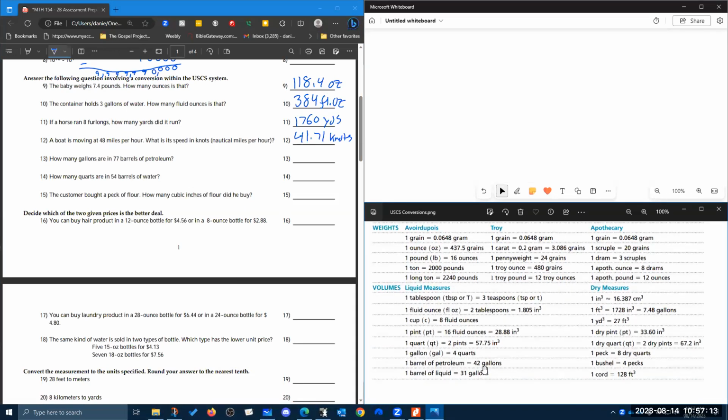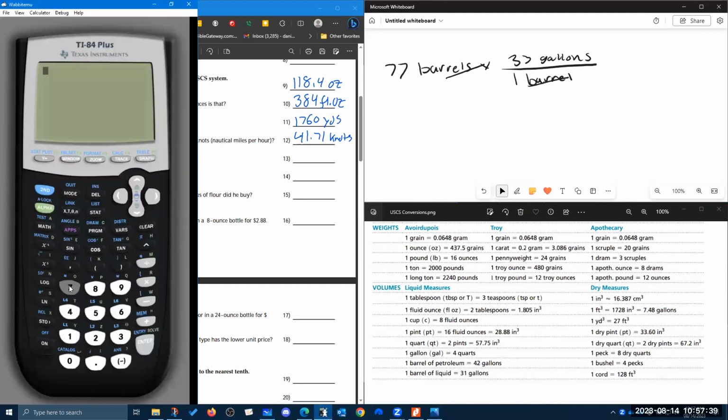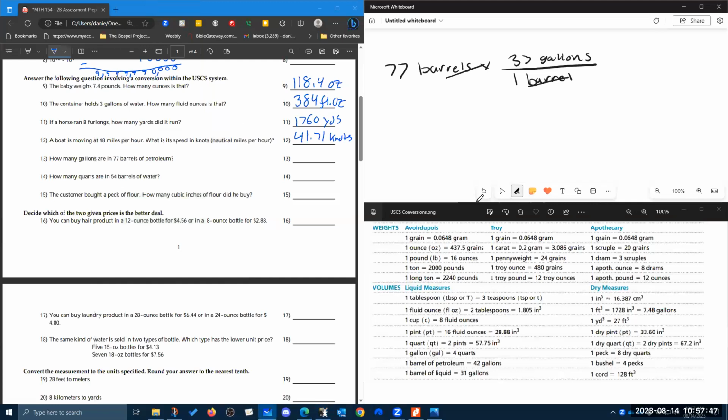A barrel of liquid is 31 gallons. 77 barrels times 1 barrel is 33 gallons. And 77 times 33, 2541 gallons.